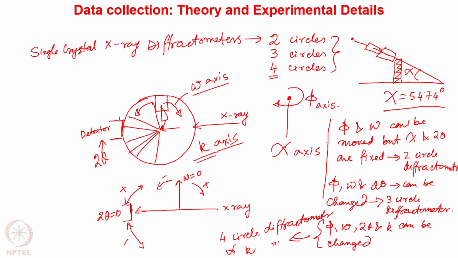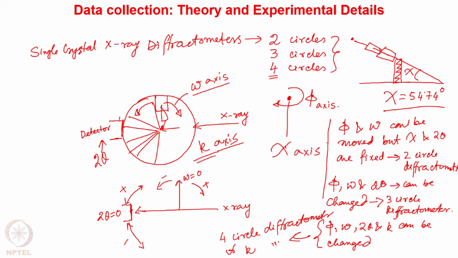What are the technical differences between these? When we have a 2-circle diffractometer, we are restricted in 2 angles. We cannot change the detector 2 theta, we cannot change the kappa or chi. So we cannot record any diffraction data beyond the fixed 2 theta value.